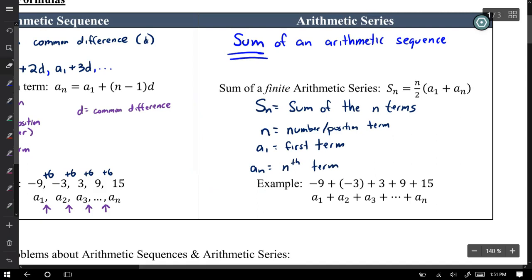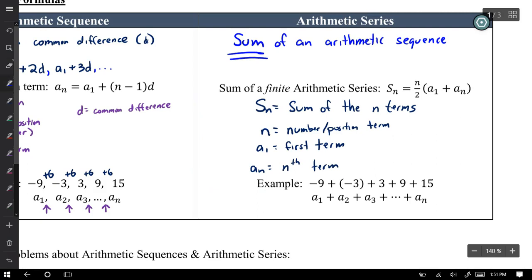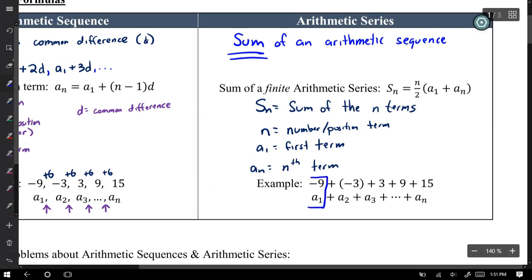And so you can see in this example, a1 is the first term. a sub n would be 15. If we figure out what n is, n would be 1, 2, 3, 4, 5. n would be 5 for that one. So we have all this information.